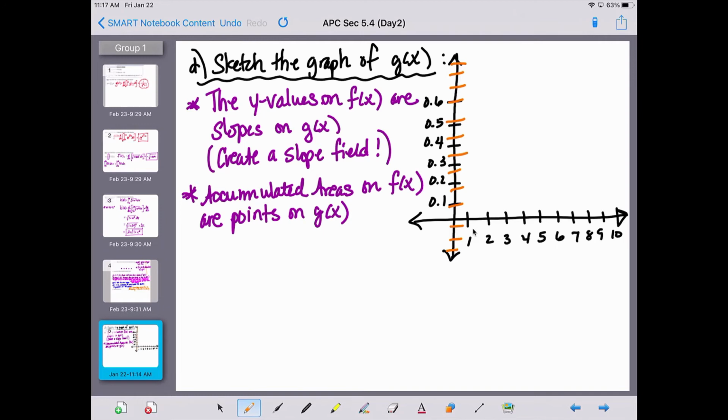At x equals 1, my y value is 0.6. So I want to try to make a slope that looks like 0.6, right? Well, remember, 0.6 is really quite high here on my scale. So 0.6 on this particular graph is going to look like a fairly steep slope. 0.6 is going to look like this.